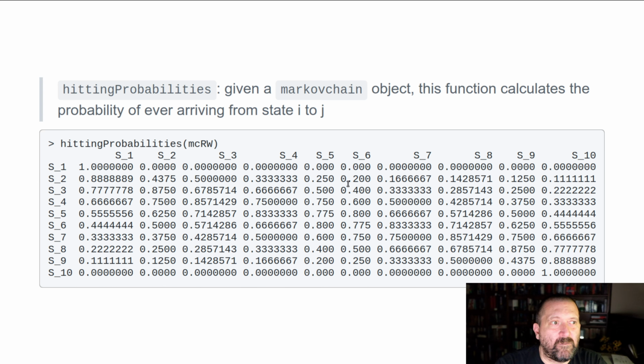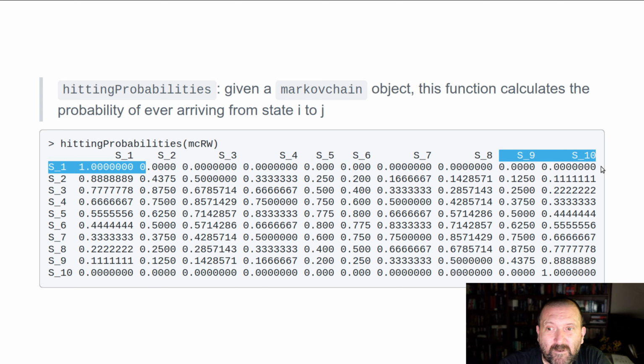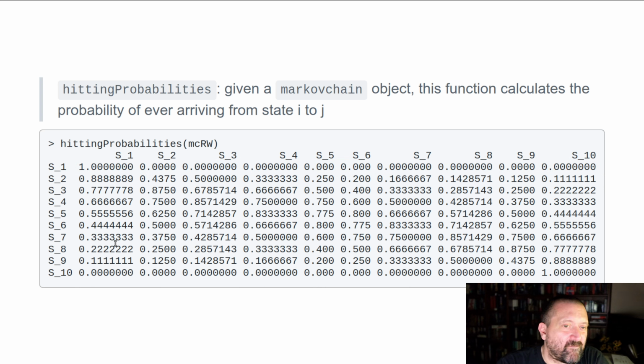And remember, S1 is absorbing. Therefore, if I start in S1, with probability 1 I will end up in S1, and with probability 0 I'll end up anywhere else. So this is giving me a little bit the same information as the previous one, but with also the probabilities for the absorbing states.